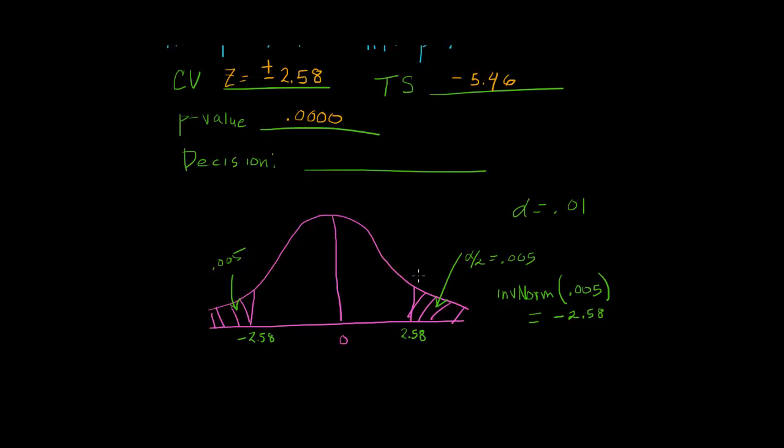Okay, so we have 2 critical values and 1 test statistic because we just said it's different, and it turns out from our test that we ran, we're different in the negative direction. So negative 5.46 would be out here somewhere. And here's the p-value associated with that. Now it's really tiny.